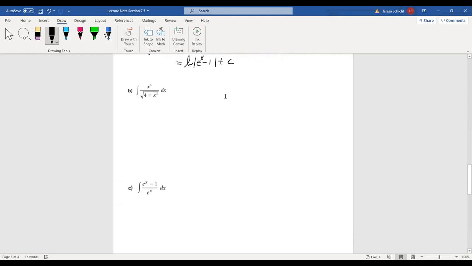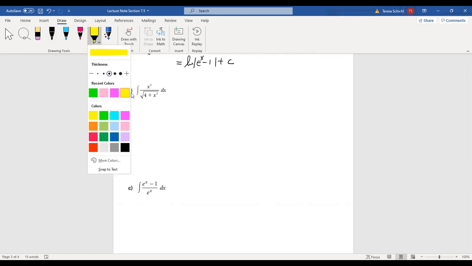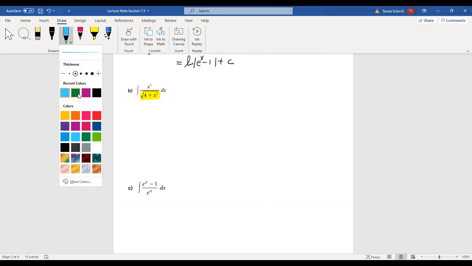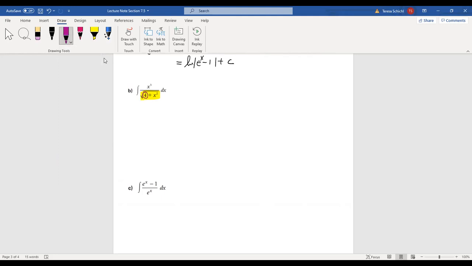Okay, so part B here. For part B, what method do I need to use? As soon as I spot this square root with a squared plus x squared, I immediately know I can use the trig substitutions, right? So what is a for this one?